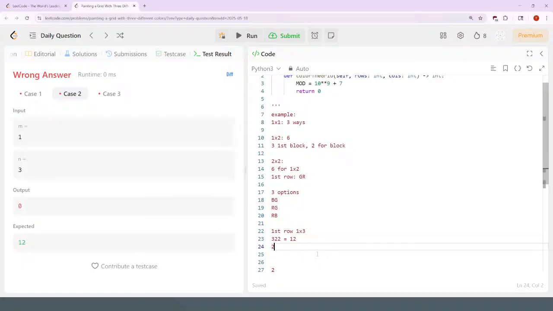Of those 2 ways, one of them would be different than both of these.